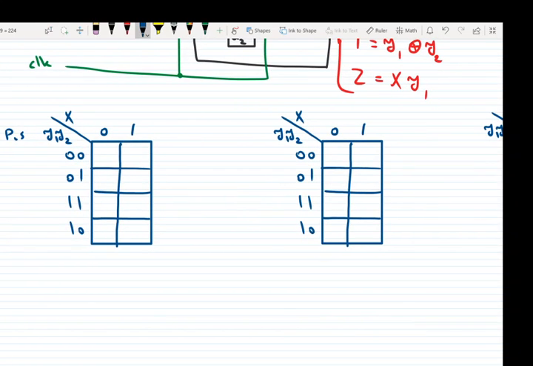The first table is for the next state of flip-flop 1, which we call capital Y1.